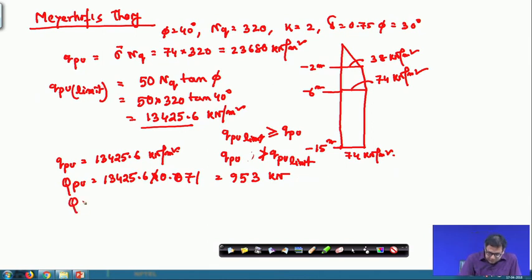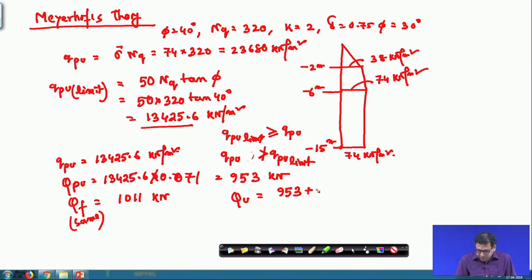But the friction resistance part will remain the same, because we have not changed the friction resistance part. So, that is the same value that we have considered last time, that is 1011 kilonewton. So, the Q ultimate is 953 plus 1011, that is equal to 1964 kilonewton.